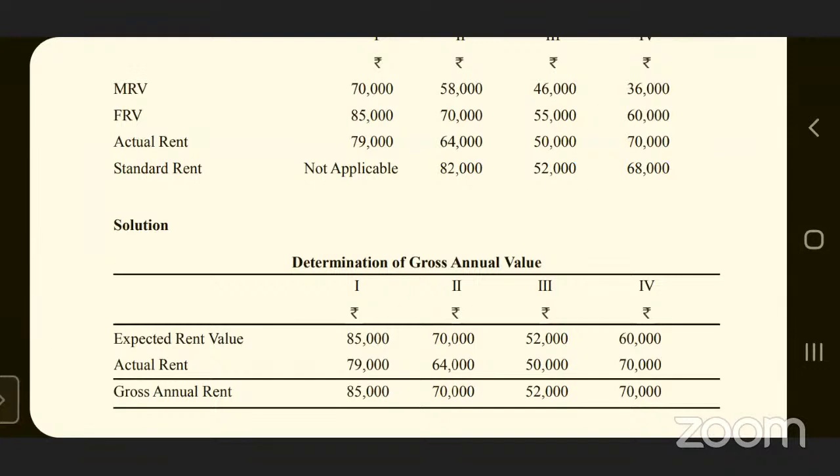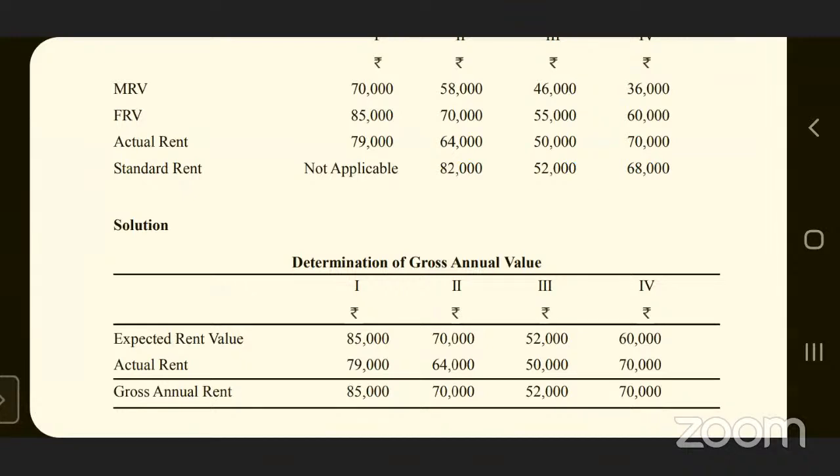Now the expected rental value needs to be compared with the actual rent, taking the higher of the two. Here, the higher is expected rental value, 85,000, and that will be considered as gross annual rent.